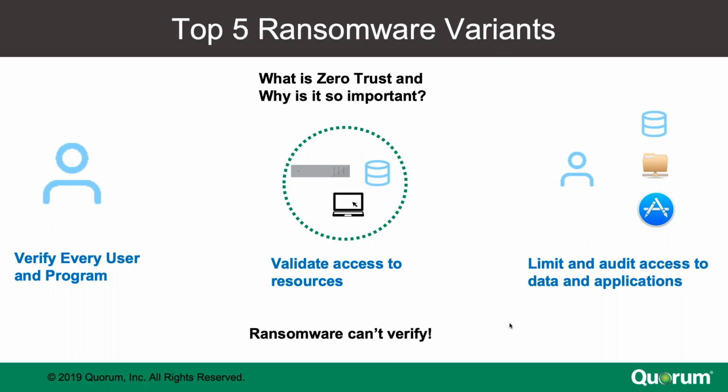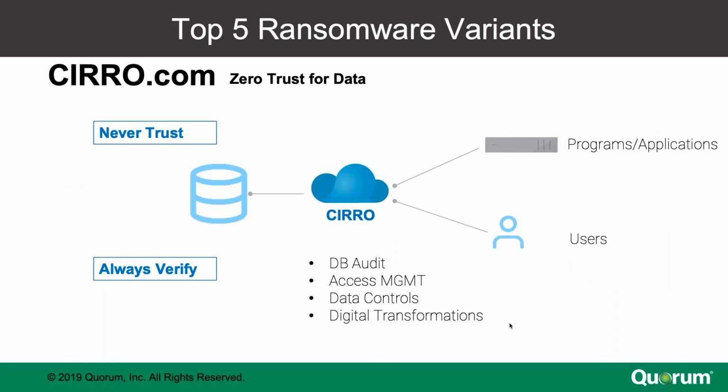Okay, let me share with you a company that does Zero Trust for the crown jewels of the company, which is the data itself. So Ciro is a company that has taken database security and secure data management to a completely new level. What we do at Ciro is we provide Zero Trust, a no perimeter architecture for the data itself, right? Every single database connection can be verified.